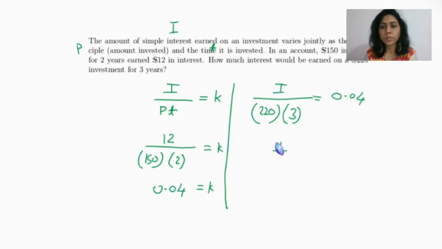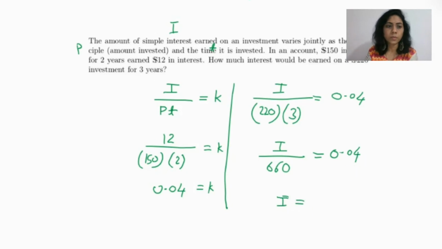Okay, here this is multiply, so 660 times 0.04, and I means interest. We can multiply this because here this is divide, so on the other side multiply, and 0.04 times 660 we get 26.4, and this is our answer.